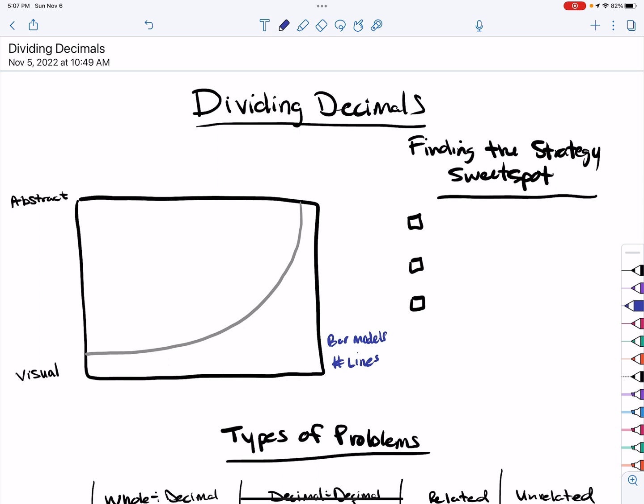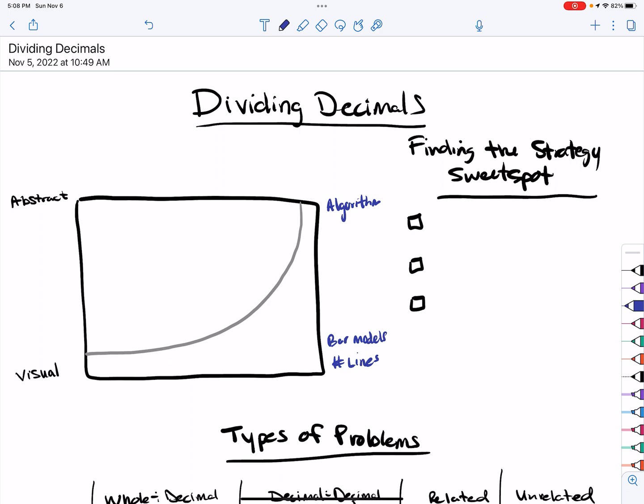And then the more abstract strategies are going to be things like the algorithm, where there's a lot of math that's happening behind the scenes that you don't see quite in the solutions, but you need to have an understanding conceptually of what's going on for those to make sense.